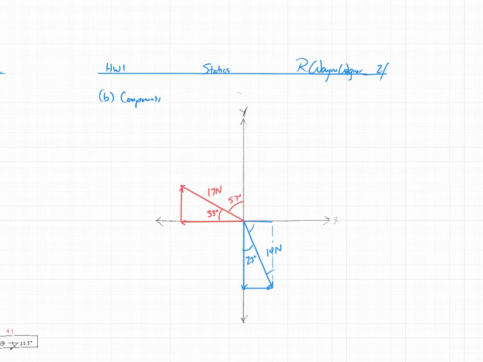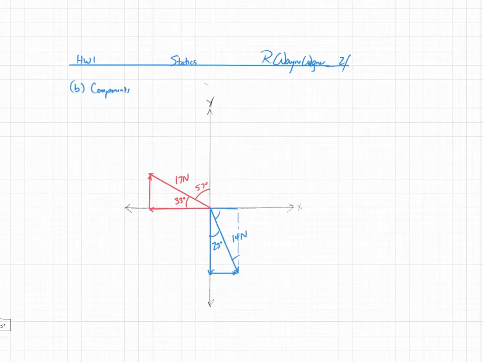So we need to get those sides of those triangles. We'll start with A. If this side is the magnitude of A, then this side is the adjacent to that 23 degree angle, and this side is the opposite.